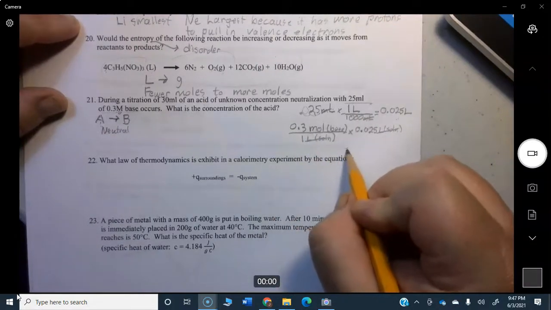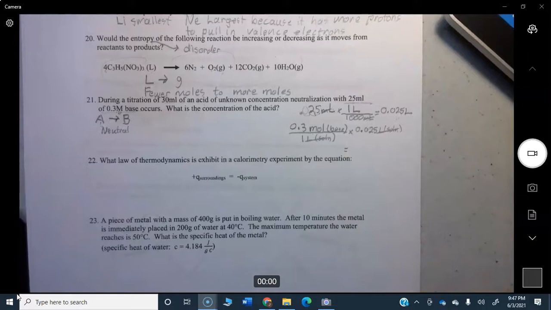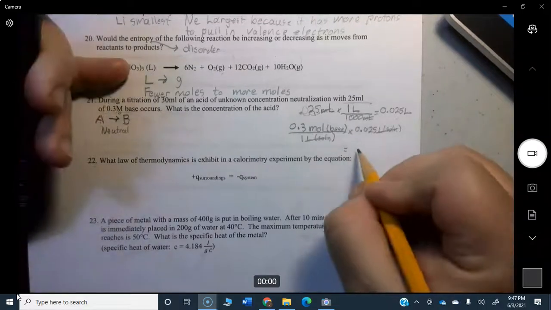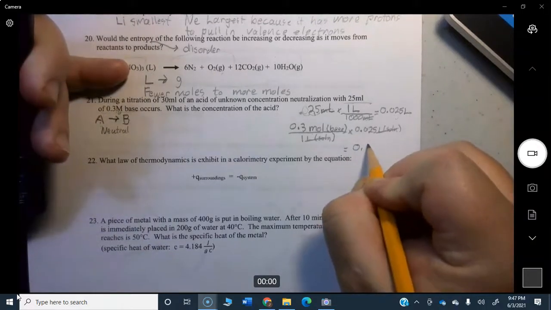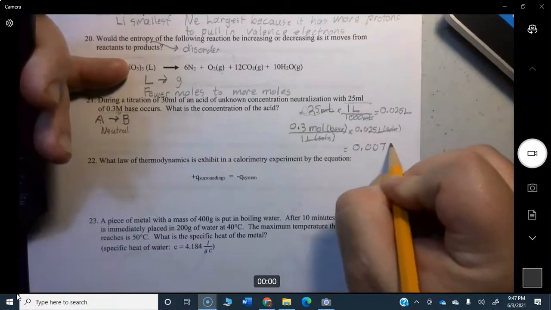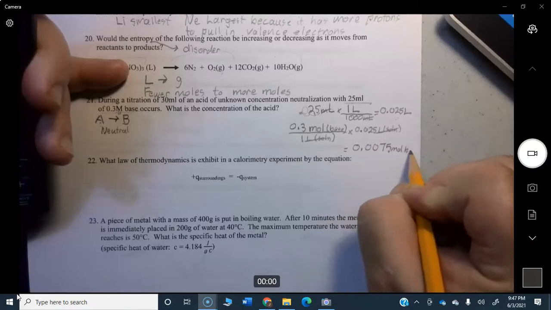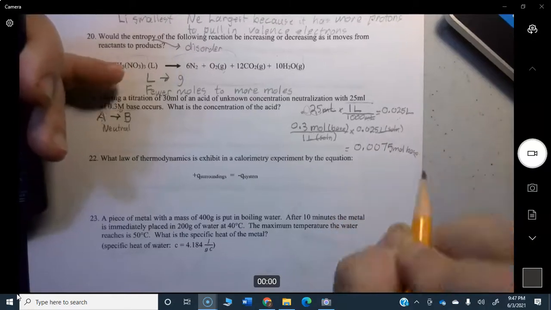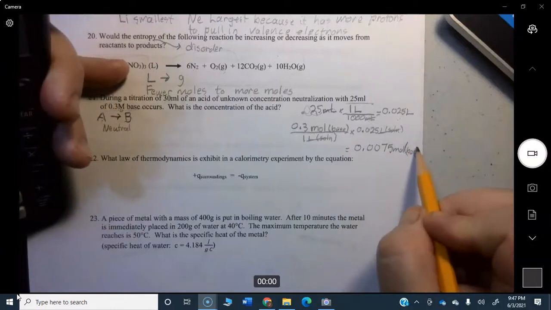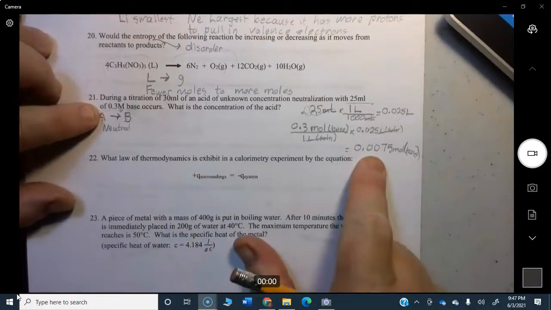So you get out your calculator, and what that's going to give you is 0.0075 moles of base. Okay, I'm writing kind of small there, but that's moles of base, whatever the base happens to be. So for this to neutralize, you have to have the same number of moles of acid.